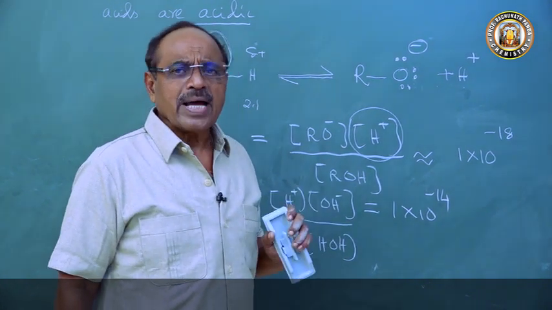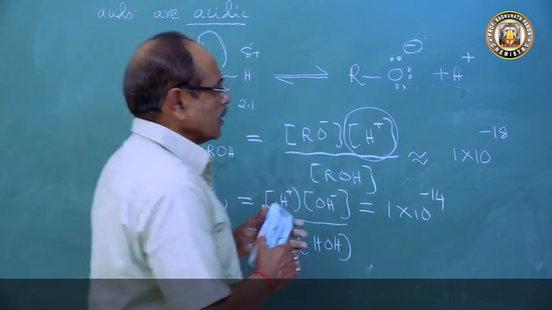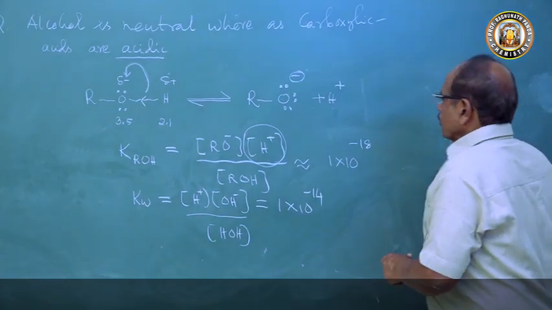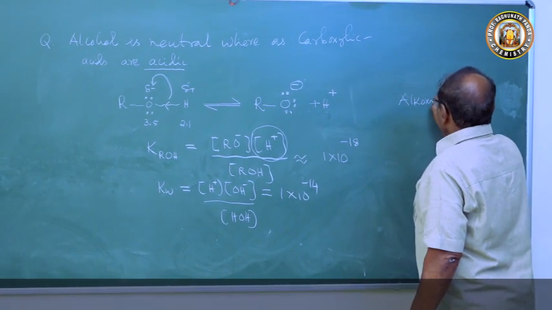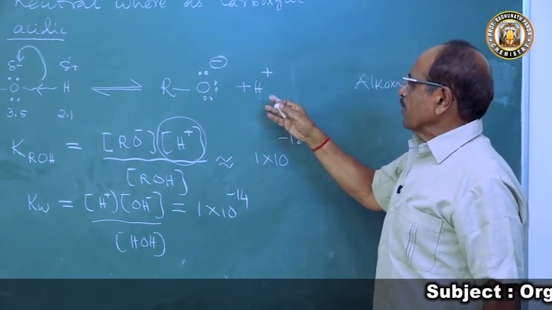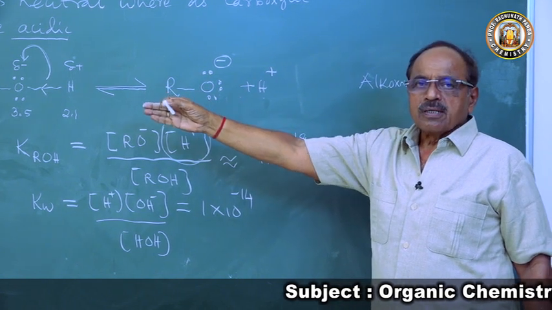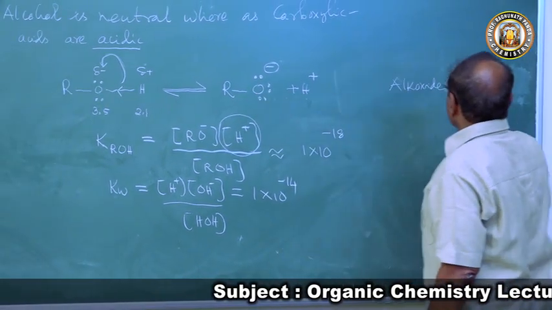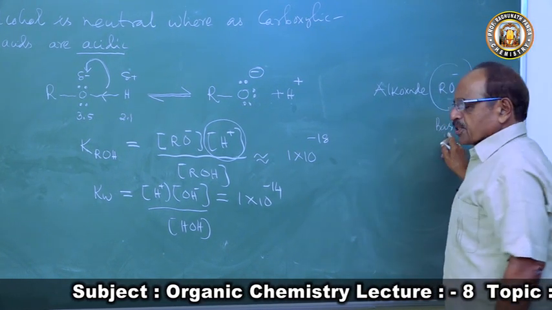Then the question comes, why? Because alcohol produces the alkoxide ion. This alkoxide ion, RO minus, has a strong tendency to attract a proton back and form ROH. Why? Because the alkoxide ion is a base, a strong base.